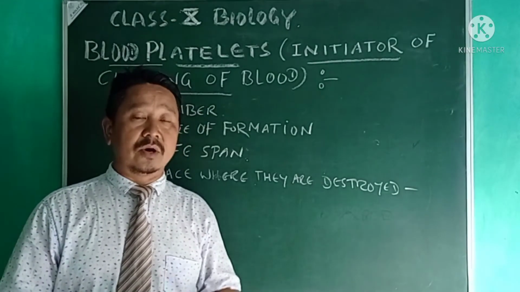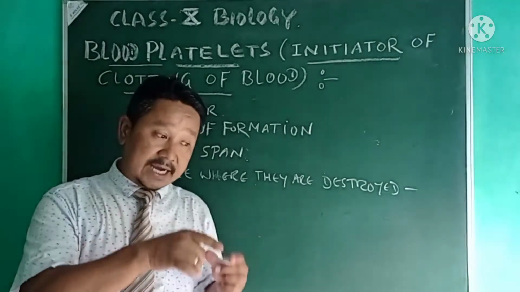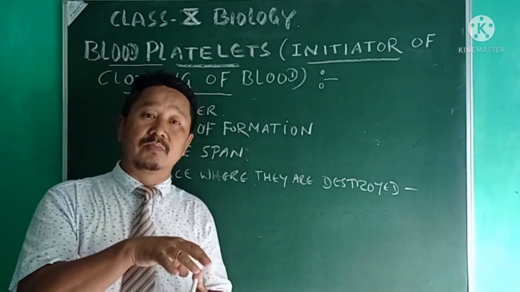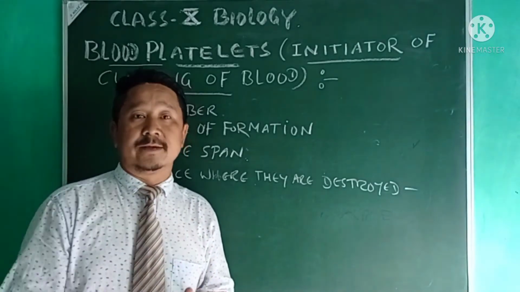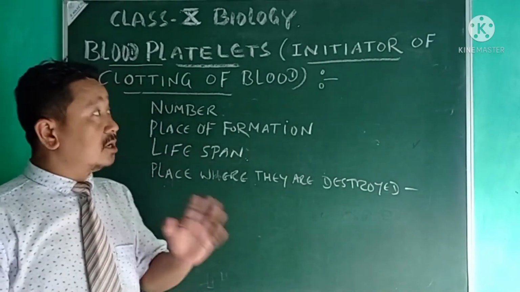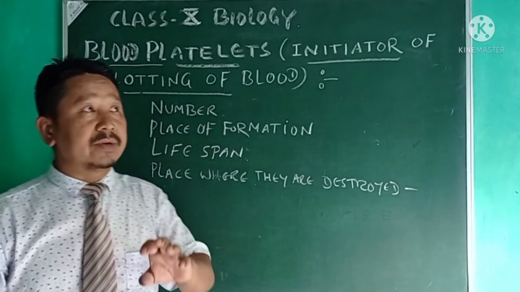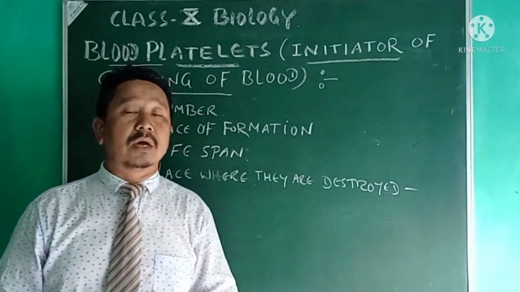So how does it stop? At the point where it is cut, some kind of clot is formed which blocks the blood from flowing. That is all done by the blood platelets, and that particular phenomenon is called clotting of blood.